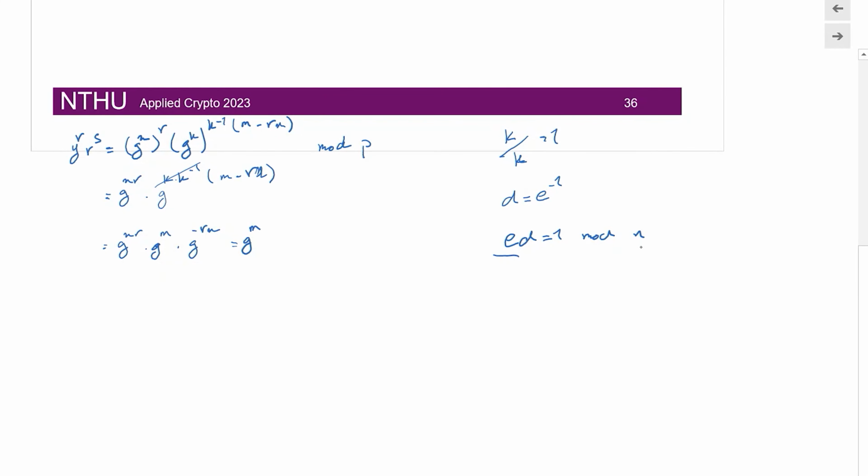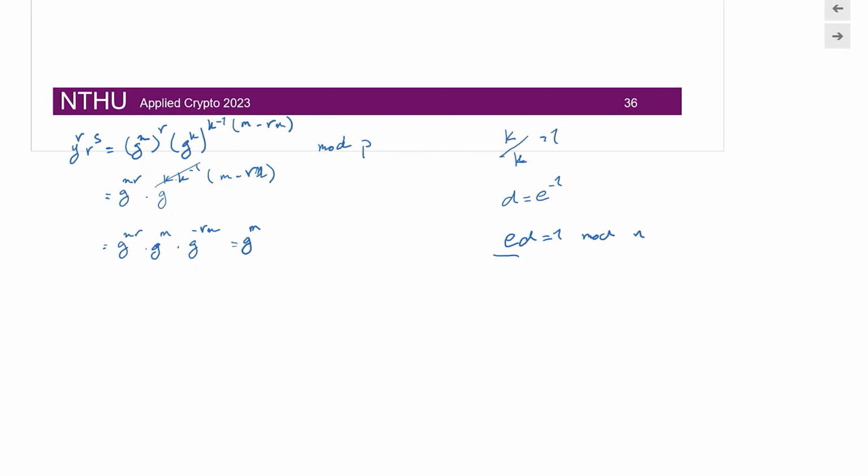Given e, given phi of n, we could go ahead and compute the d, right? So this is the same thing. We find the inverse of k mod p minus 1, and the inverse of k, we denote it by k minus 1. You can imagine it as some other value that we divide by k. And when you multiply these two numbers, the result would be 1. So they cancel out each other. It just looks like you do division.